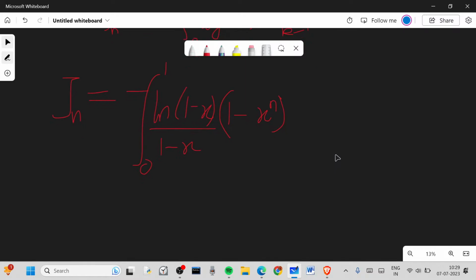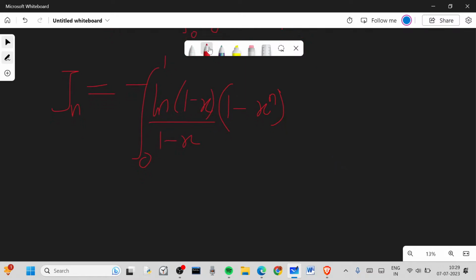Now, I have one more idea: let's use King's property of definite integrals. Basically, King's property means that the integral from a to b of f(x) is equivalent to the integral from a to b of f(a plus b minus x).